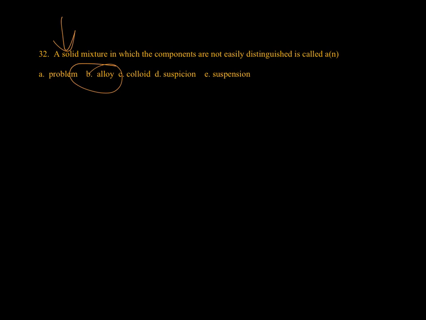So an alloy would be something like brass. Brass is not an element, and it's not a compound. It's actually a mixture of metals, or bronze would be another one, where you take a couple of metals, heat them up, combine them in the same container, and then let them cool down, so you make this mixture.